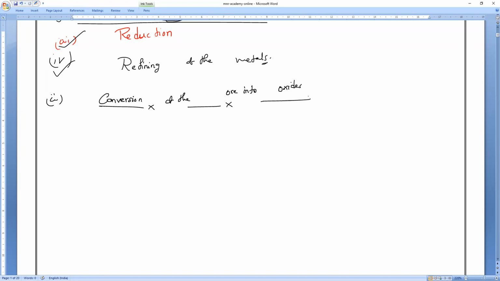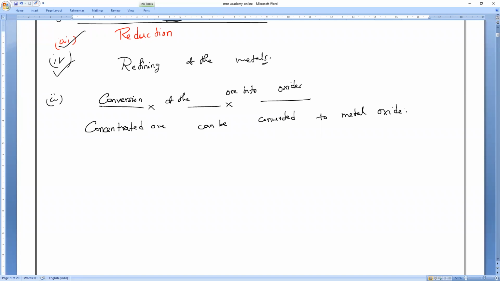Which ores will be converted, concentrated ore or any ore? Concentrated ore only, or enriched ore. Concentrated ore can be converted into metal oxide.